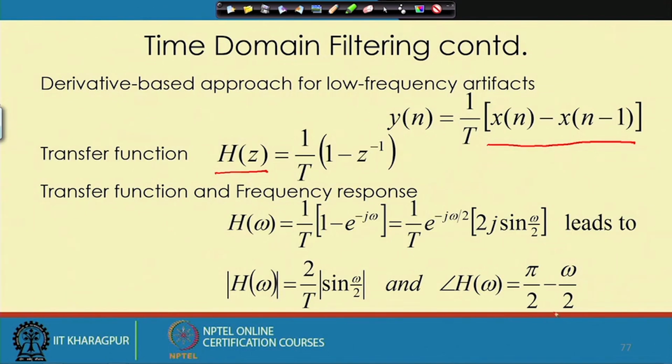So, what we are getting is that the sine means at omega equal to 0, the value would be 0, then it will slowly rise. So, that means it would be a high pass filter, and we get that it would also have a linear phase.